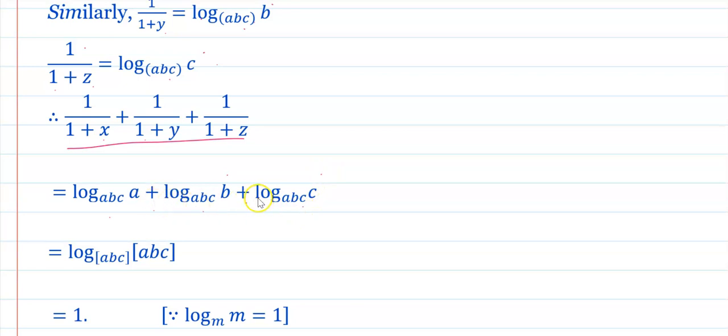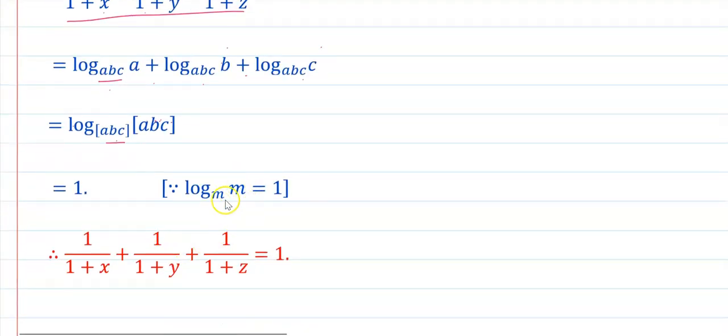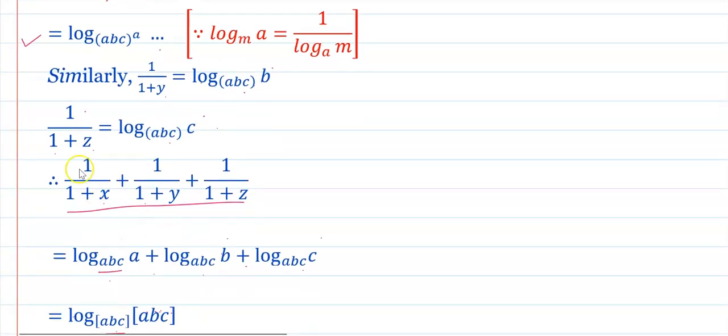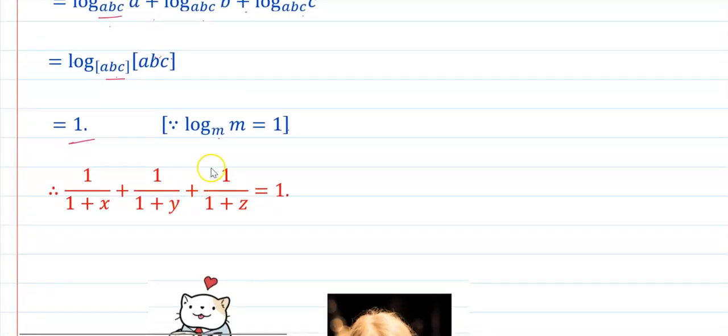In all of them there is an addition sign, which means their multiplication: A into B into C. That is log of A into B into C. What is the base? ABC. The base and the quantity whose log is taken are both the same. That is, log of m to the base m is 1. Similarly here the value is 1, and hence the addition of all these, 1 upon 1 plus x plus 1 upon 1 plus y plus 1 upon 1 plus z, is equal to 1.